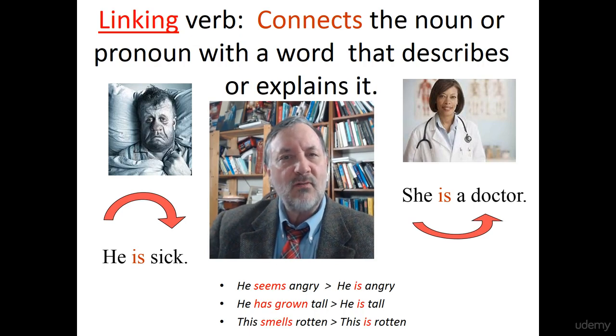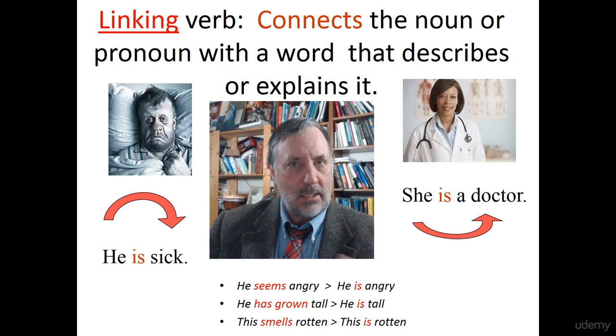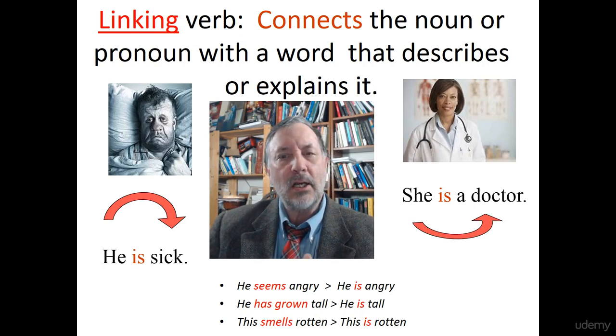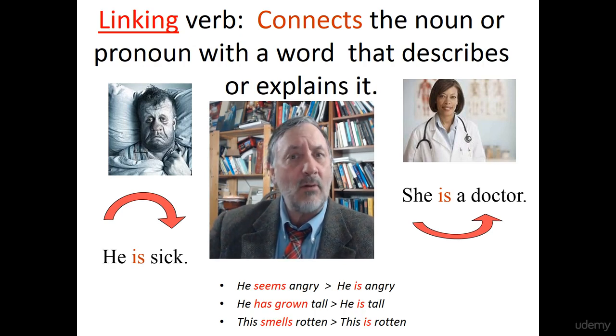And you could use words like, not exclusively, that is to say, not all inclusively, but you could use words like seems. He seems angry. Now, if you could say he is angry, then that's being used as a linking verb. He has grown tall.